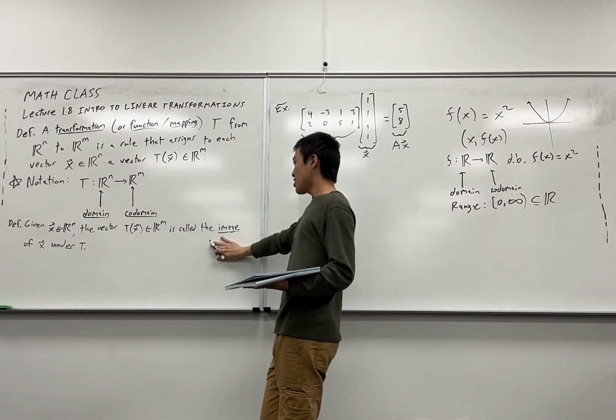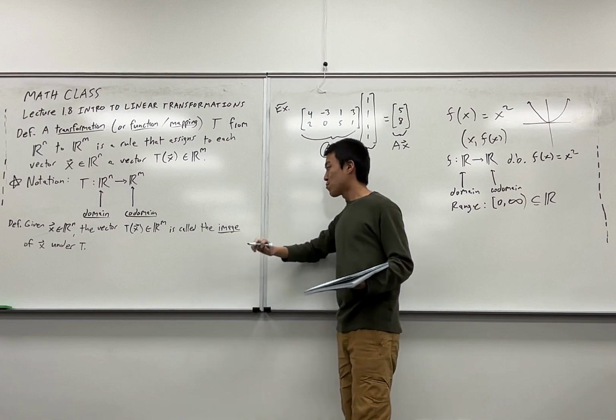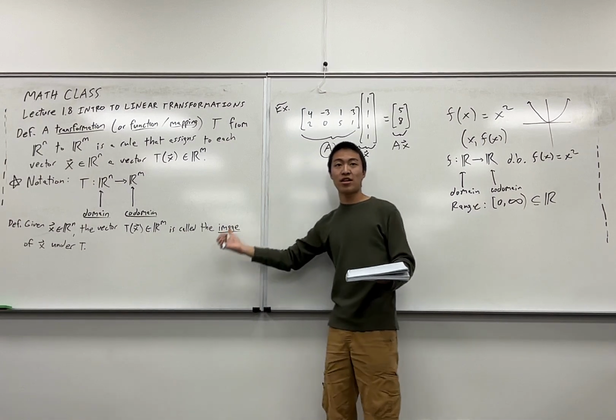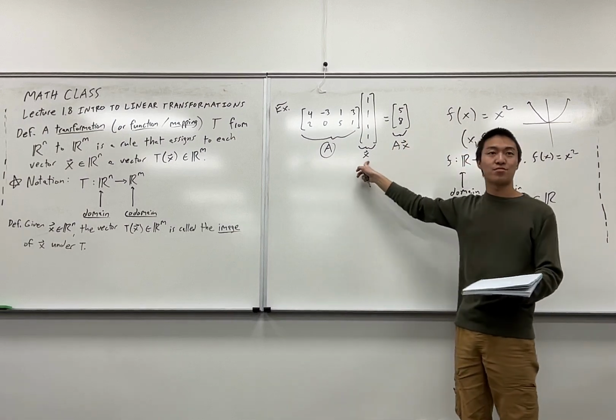And the reason why I want to distinguish the image from the range is because the range, the way we define that, is simply saying, okay, now take all of the images. In other words, take all of the possible outputs that correspond with inputs.